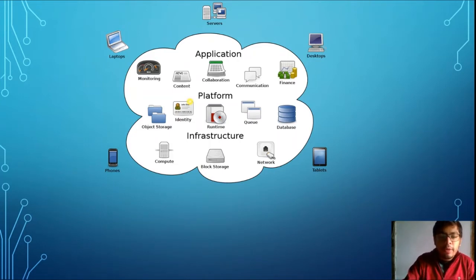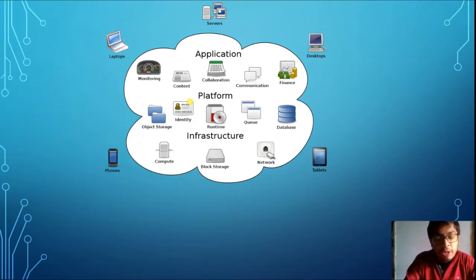Okay, when we are going to CAM, we first need to discuss this diagram, this structure. This is the simplest way to understand the cloud. Cloud computing is a way in which application, platform, and infrastructure come under a single umbrella, where the infrastructure such as block storage, networks, and compute is called infrastructure as a service, IaaS. Platform means things like object storage, identities, runtime, queues, and database, which are platform as a service.